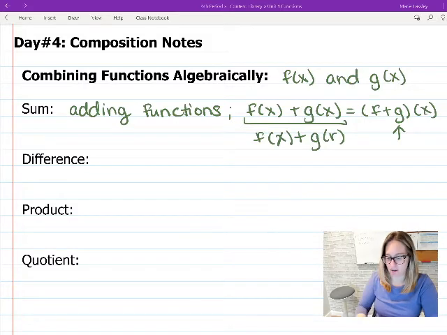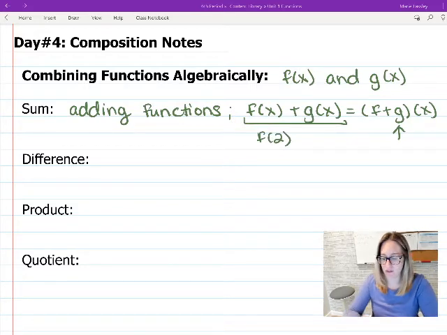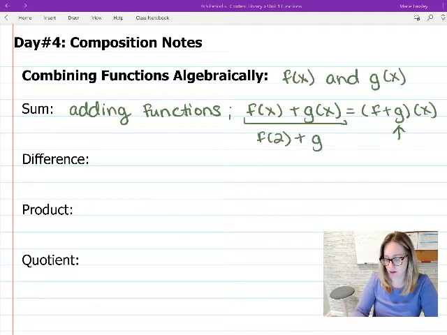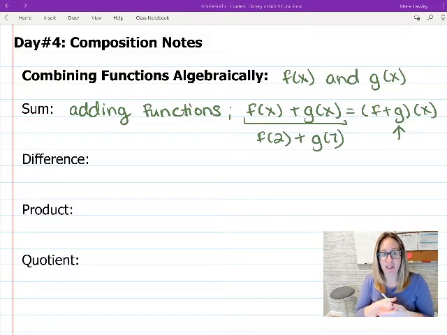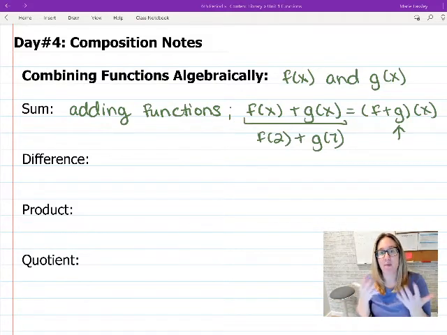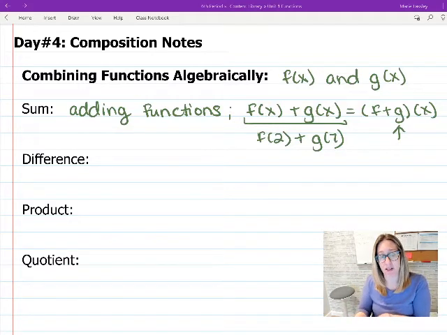Say we want to plug in the value of 2 for function f, but we want to plug in the value of 7 for function g, and then add them together. That would be an instance where we would want to use the first variable option, because we're plugging two separate values into the equations. Whereas you don't have that option with the second one. You can only plug in one variable because that's what it's telling you in this setup.